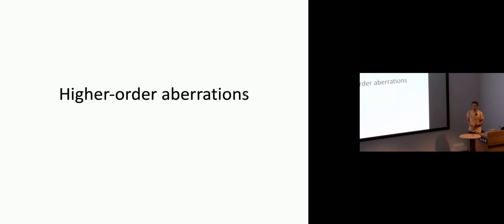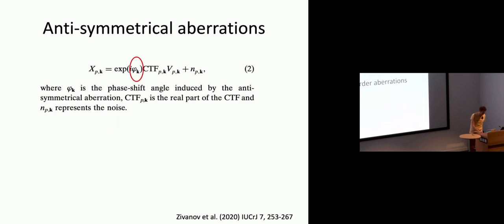Okay, now defocus is not the only thing that matters in the contrast transfer function. There are a lot of other higher order aberrations too. So RELION can now do higher order optical aberration correction in the computer, and the first types of aberrations are so-called antisymmetrical aberrations.